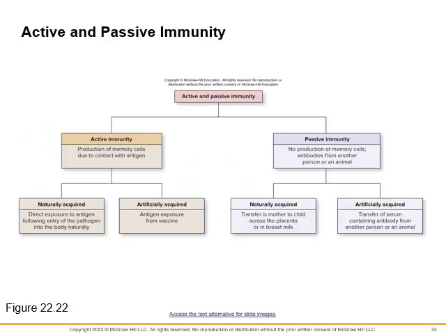The last slide here is just to really talk about passive versus active immunity. I wanted to make sure that active immunity is when we trigger T cells and B cells, right? So active immunity has to be triggered by an antigen.